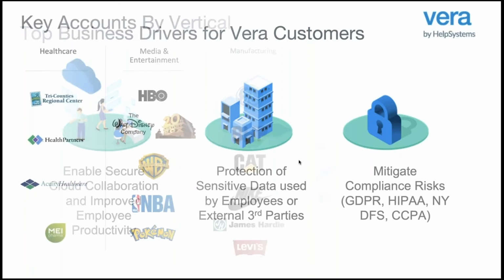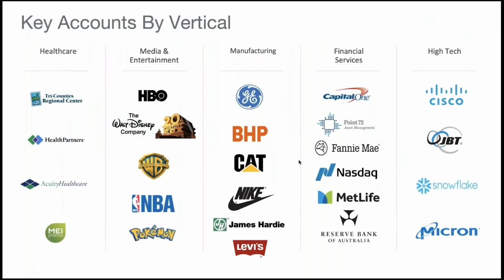Now, as far as who's using Vera, it covers pretty much all verticals, but if you focus in on the ones that are most common for us, it's going to be the ones where it's either PII or PHI or intellectual property. So healthcare, of course, is an obvious choice with personal health information. Media and entertainment is a big factor for us because of intellectual property when it comes to those entertainment shows.